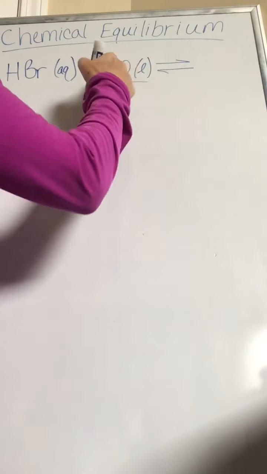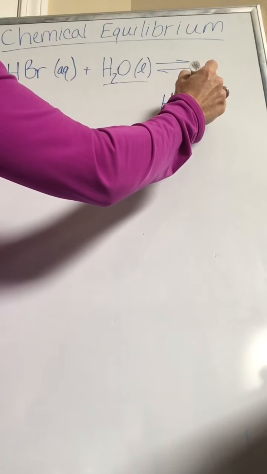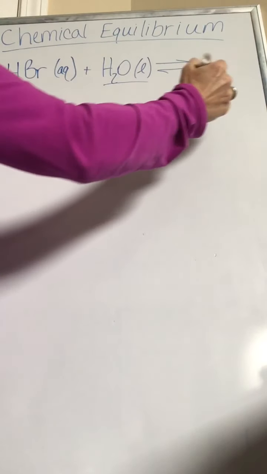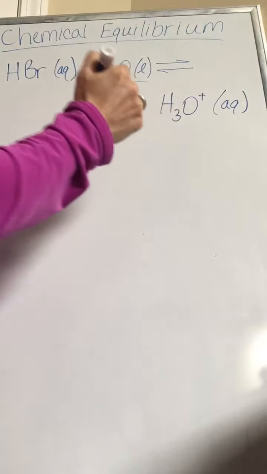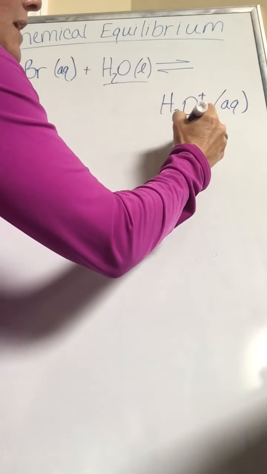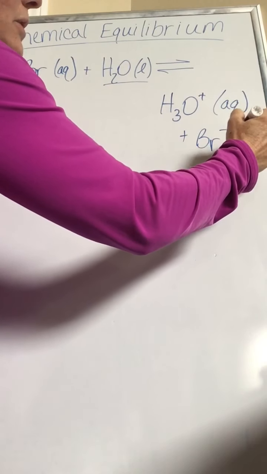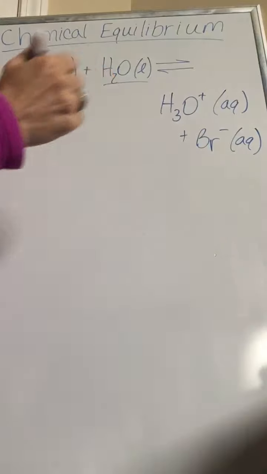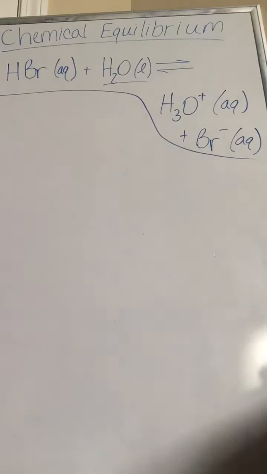So we're going to end up with a hydronium, and every time you do an acid reacting with water, you're going to end up with a hydronium. That's going to be a product 100% of the time. Then you have plus some Br minus floating around in there, also aqueous. Okay, we are balanced.